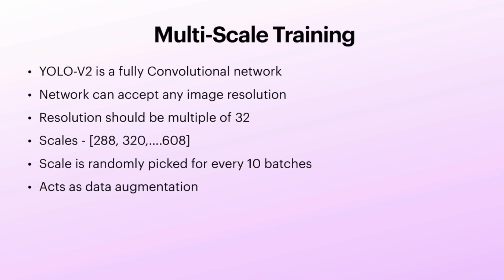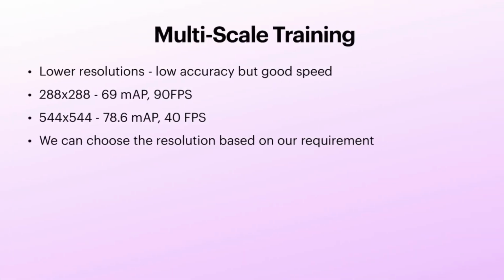This actually acts as data augmentation because you are sending images at different resolutions for different training iterations. So this kind of data augmentation helps in predicting objects at different scales. If you have smaller objects, they might get predicted if you have larger resolutions. And one more thing is, for smaller resolutions, you have very good speed. Your FPS is very high, but you have less accuracy.